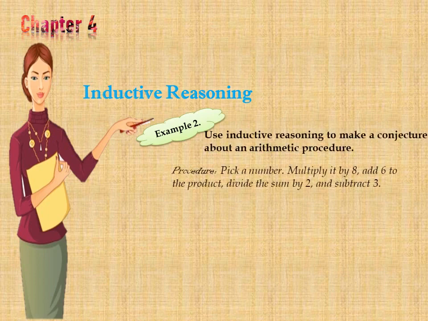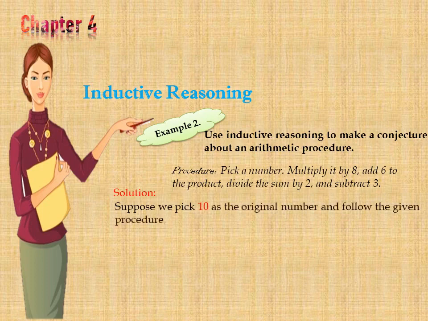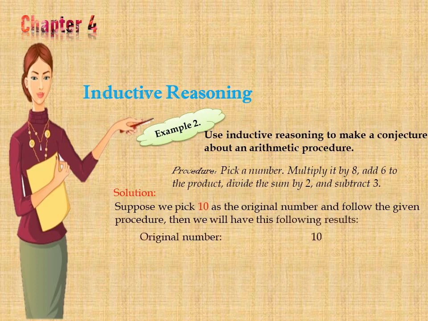Next, we pick another number. Suppose we pick 10 as the original number and follow the given procedure. Since the original number is 10, we multiply it by 8, so 8 times 10 gives us 80. Then we add 6 to the product, so 80 plus 6 gives us 86.